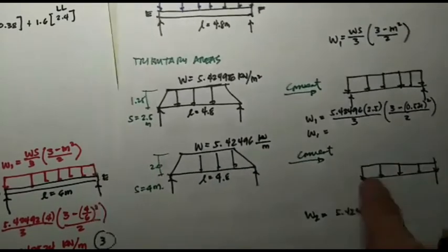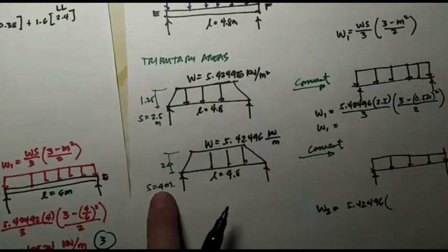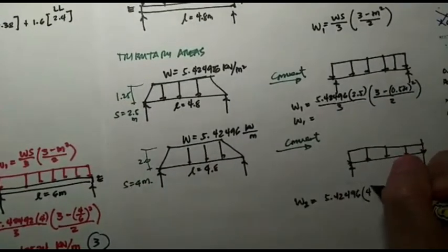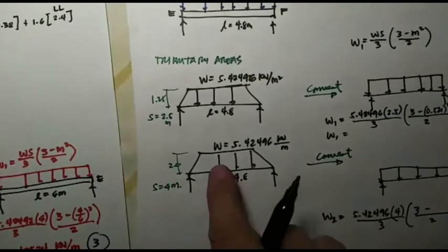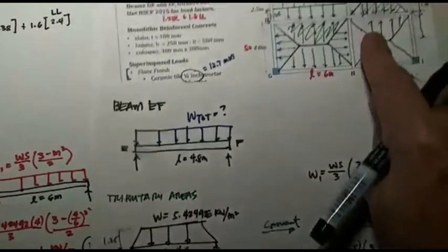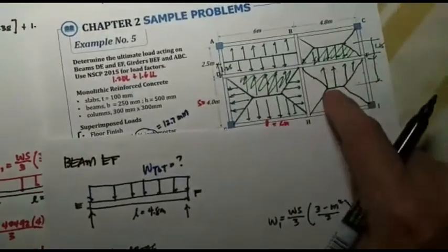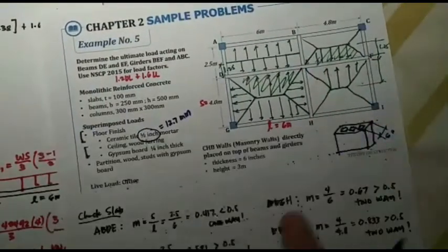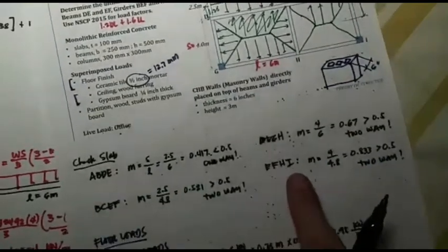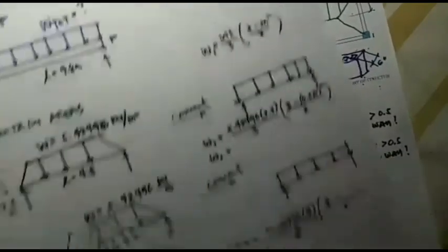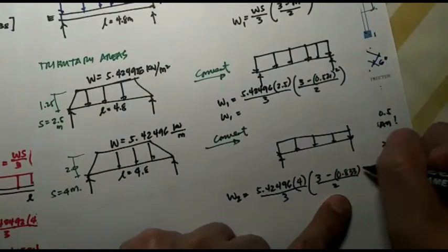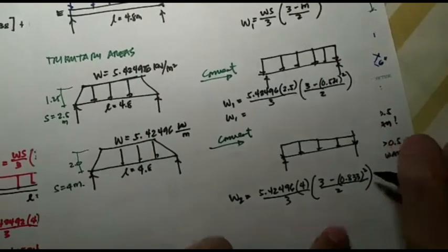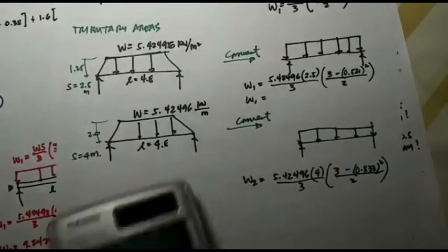Times S. Anong S natin para dito? Yung 4 meters, no? 4 meters divided by 3 times 3 minus m. Ano yung m natin para dito? 'Di ba ito ay para dito sa slab na to? So anong m natin sa EFHI? Ang m natin doon is 0.833. 0.833 squared.